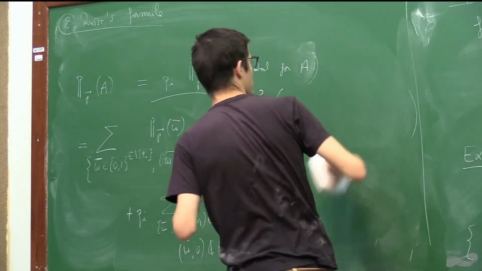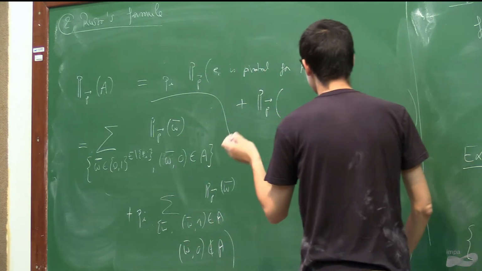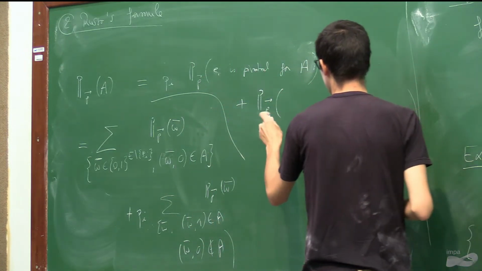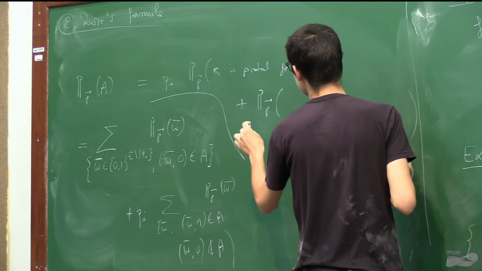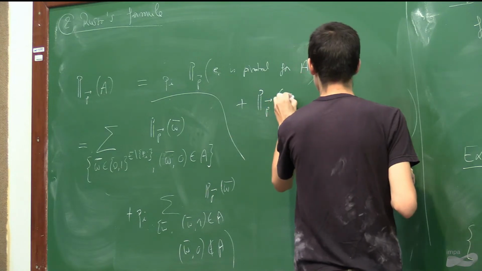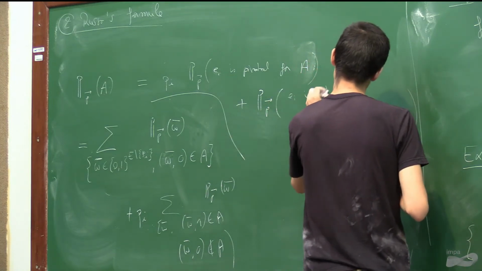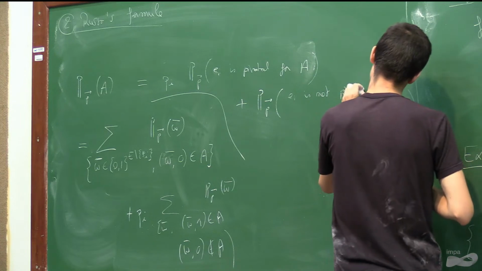I forgot about the first term. So this is this plus P_p that e_i is not pivotal.